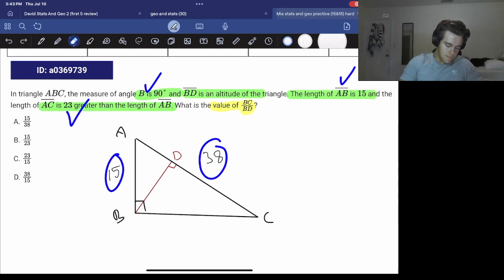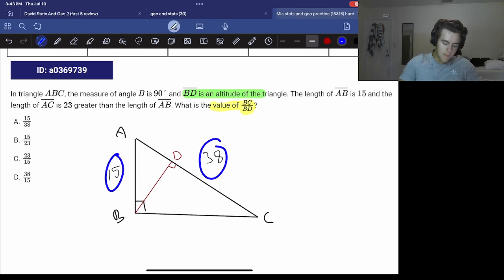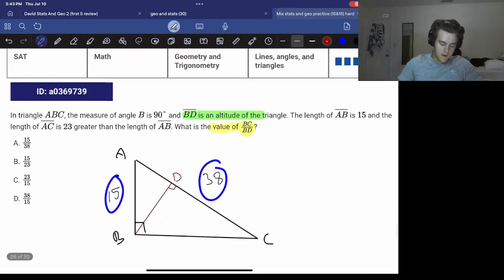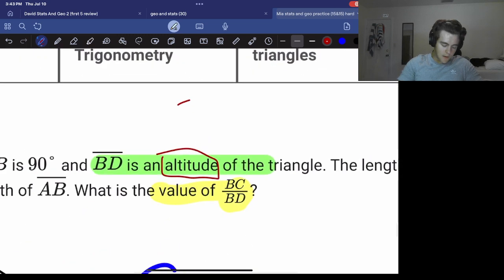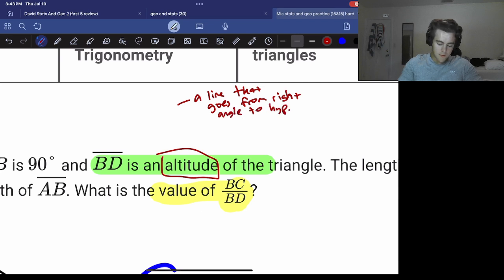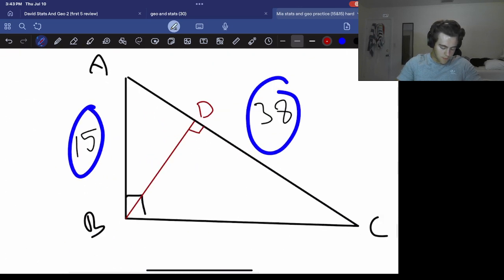Okay, so what does that mean? Let's dive into that. What does an altitude mean? There are two main aspects that define an altitude. One, an altitude is a line that goes from the right angle of a triangle to the hypotenuse.